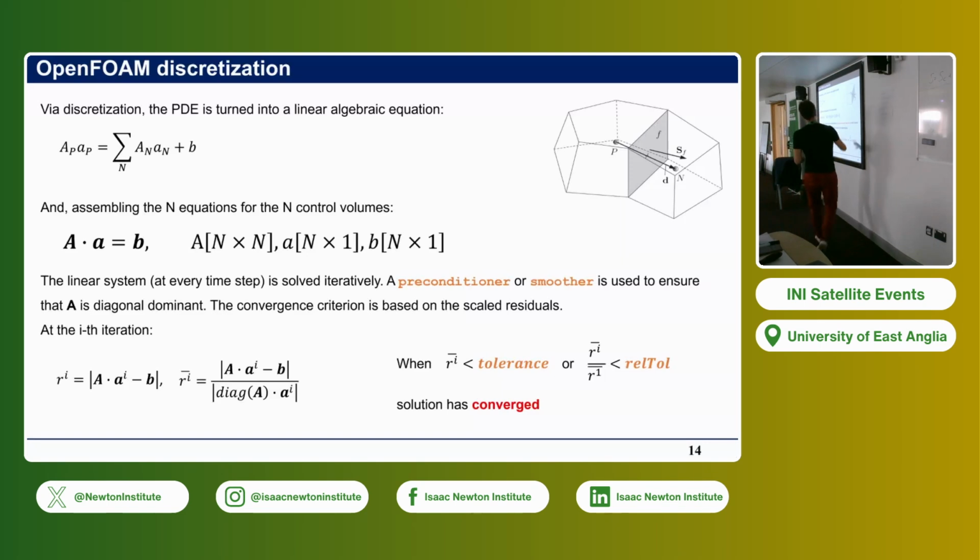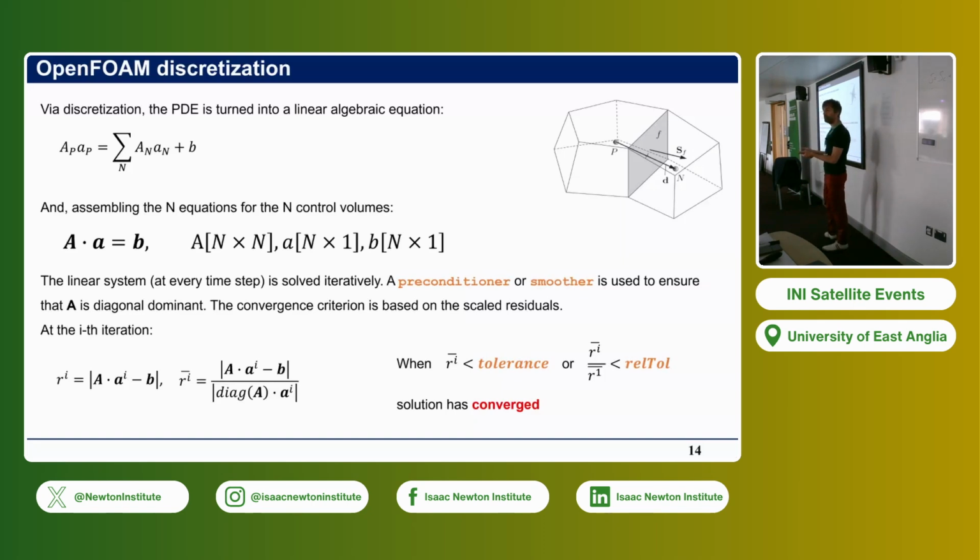If you want to use a preconditioner or a smoother, these are techniques to solve a linear system in a faster way. Of course, OpenFOAM solves everything iteratively, so all the linear systems are solved with iterations, and you need to tell OpenFOAM when to stop the iterative procedure.